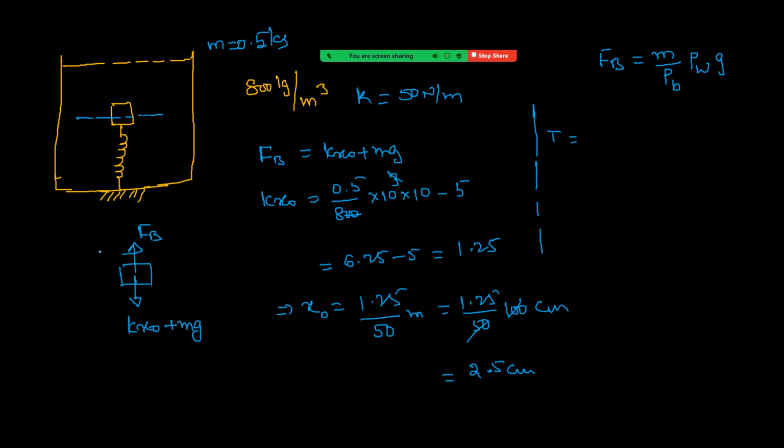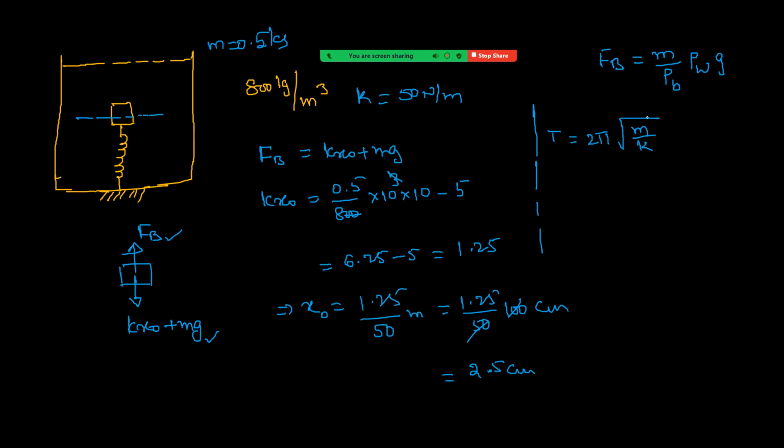The buoyancy force remains the same, mg also remains the same. That means the only change is the spring force. Therefore, the time period is only because of the spring force. That's why T equals 2π root m by k.